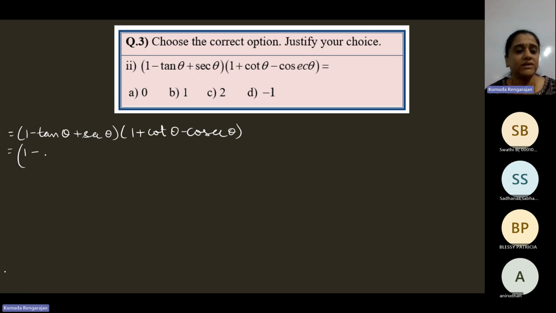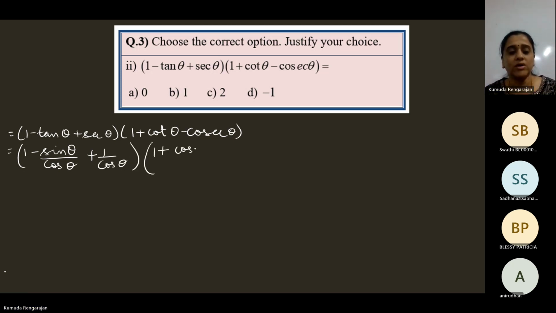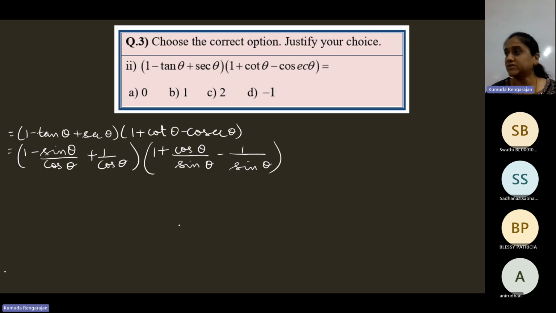Okay. So tan theta is sine theta by cos theta plus secant theta is 1 by cos theta. 1 plus cos theta by sine theta minus 1 by sine theta. This is the first step. Changing the other ratios to sine and cos.